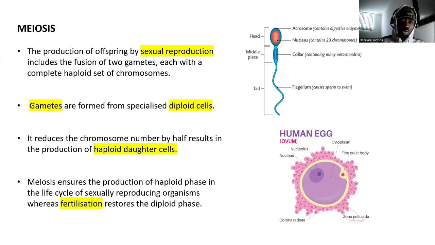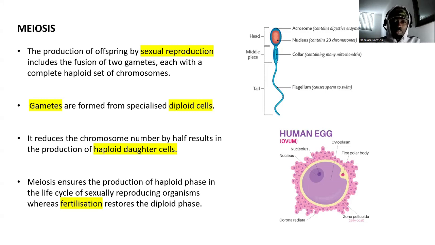Now gametes are formed from specialized diploid cells. I've mentioned diploid cells under mitosis. Specialized diploid cells give rise to gametes, meaning the diploid cell goes through reduction and gives rise to what? Gametes, which is half of them.